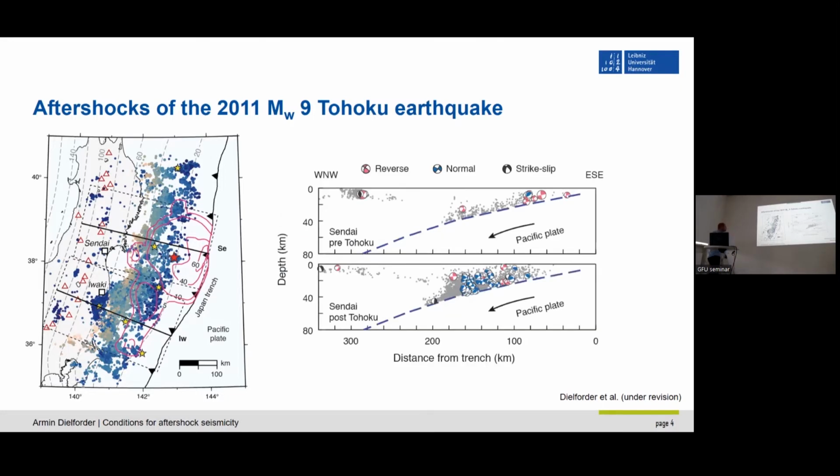This increase in aftershock seismicity, you can also see if you look at cross sections. These are 200 kilometer wide swath profiles that project the seismicity into a vertical cross section. This shows the northern profile, offshore Sendai, crossing the main rupture area, with the seismicity before the Tohoku earthquake, from 2008 to 2011.